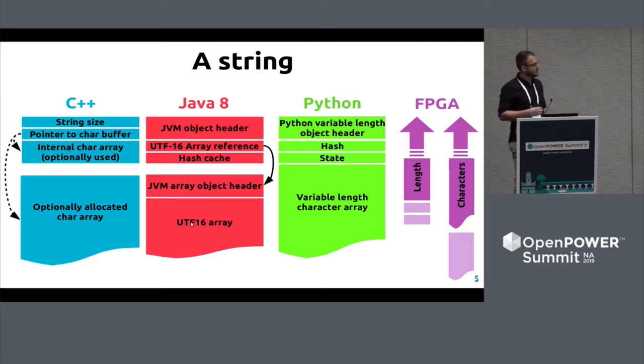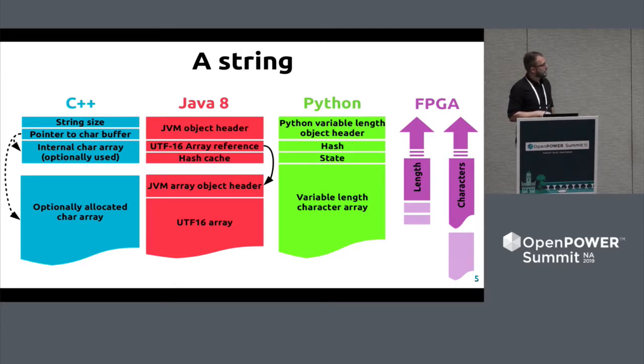For me as an FPGA accelerator guy, when I look at this, it's not very usable, because even if I would load this sort of data structure straight into the FPGA, I see a lot of fields that are not very usable to me. What would I do with a JVM object header? It's useless data to me. That's already a bit of overhead, because when I load that data into the FPGA, I lose a lot of bandwidth.